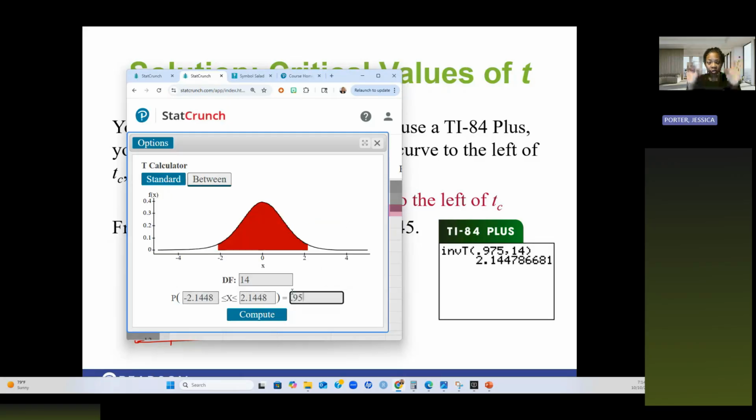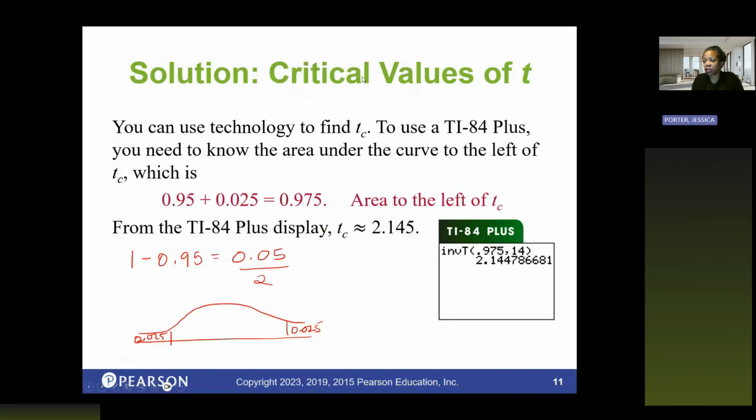And I get my 2 critical values where my cutoff points are. And that's negative 2.145 and 2.145. In the homework, they're going to be asking you for the positive 2.145. And that's how you find the T critical values. And we'll do that again because we'll need to find it in some of the examples we'll do here in a minute.